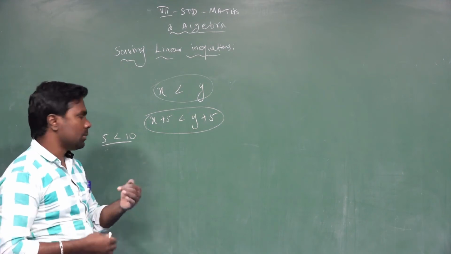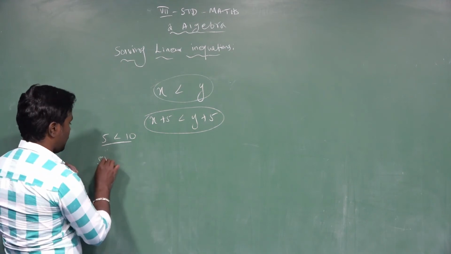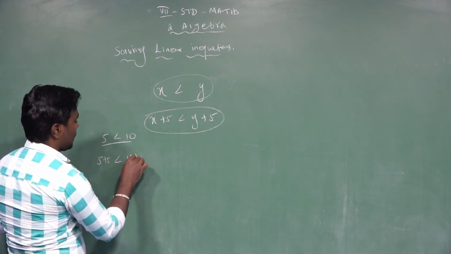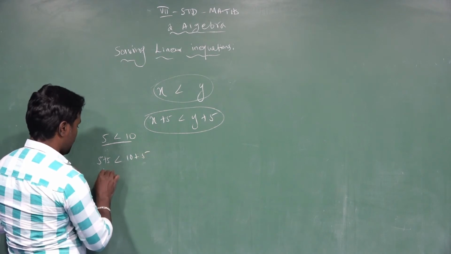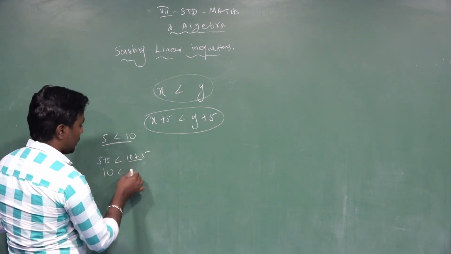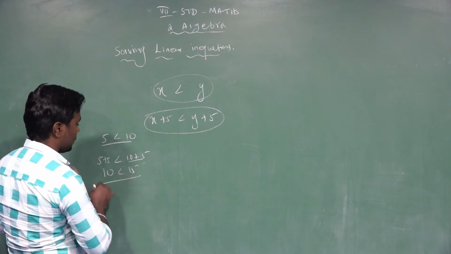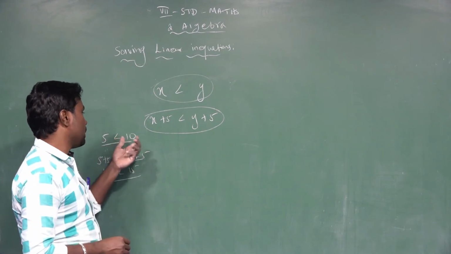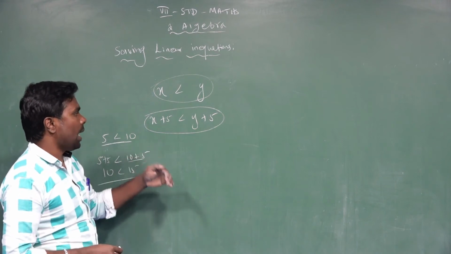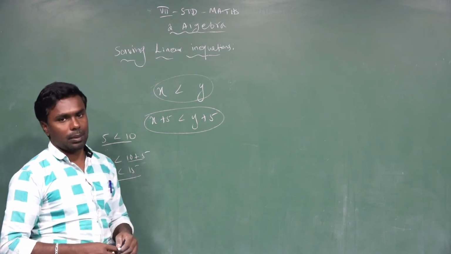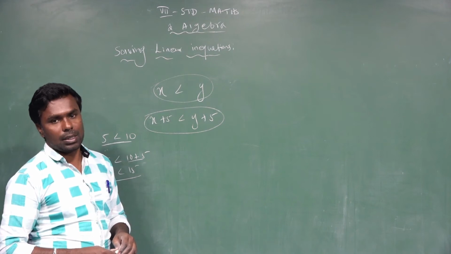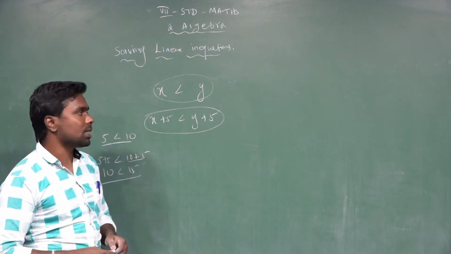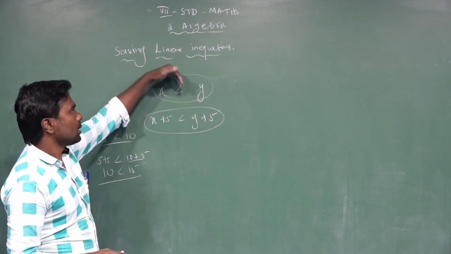Now add 5 to both: 5 plus 5 less than 10 plus 5. So 10 less than 15. Adding, subtracting, multiplying or dividing does not change the inequation.